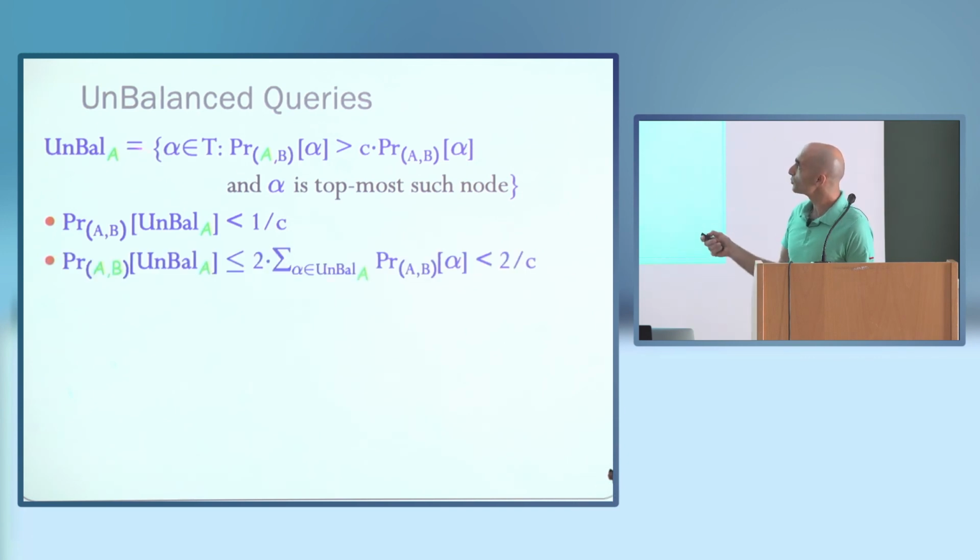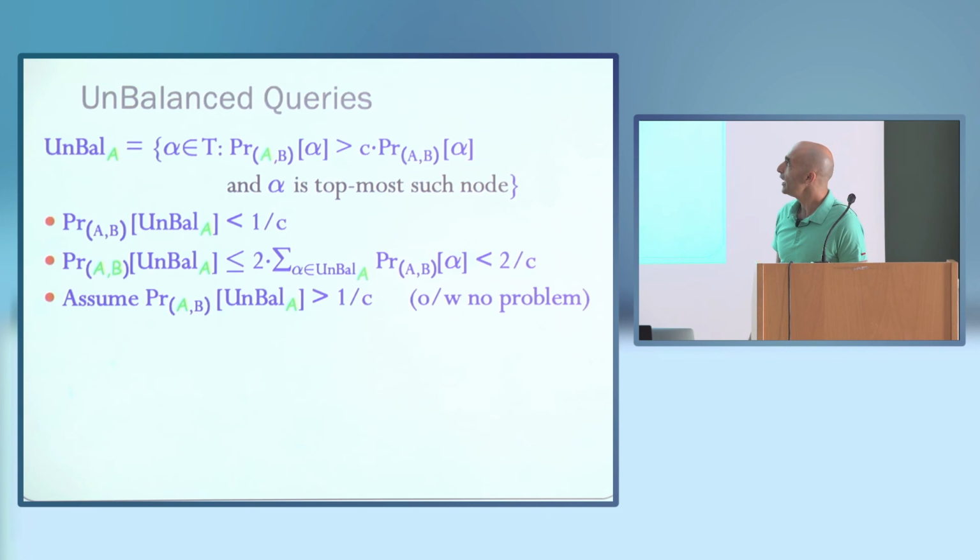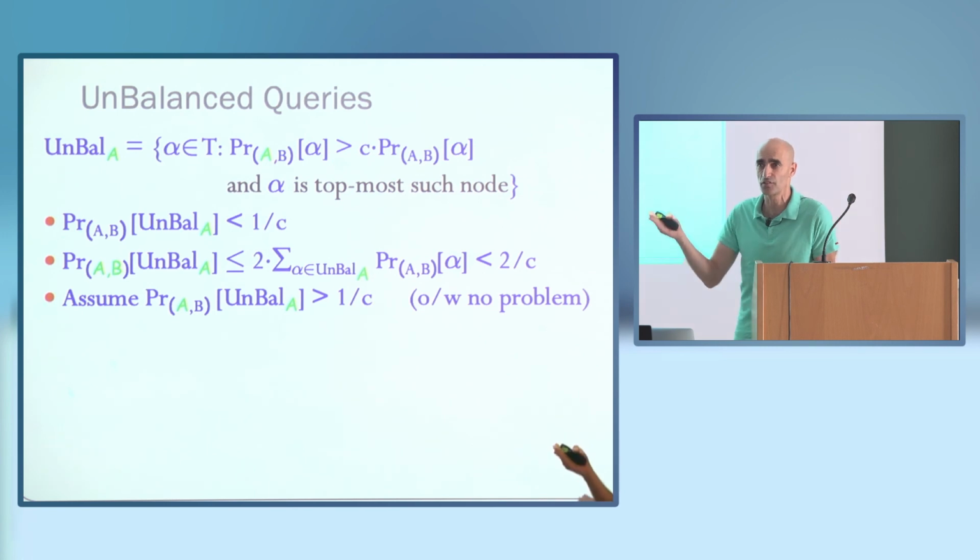Now, by what we just proved, the probability of all cheating getting there is at most 2/c. And I'm going to assume that the probability of green A, blue B getting there is at least 1/c, because if it's not, then I don't have a problem. I rarely get there. I don't care if I fail.